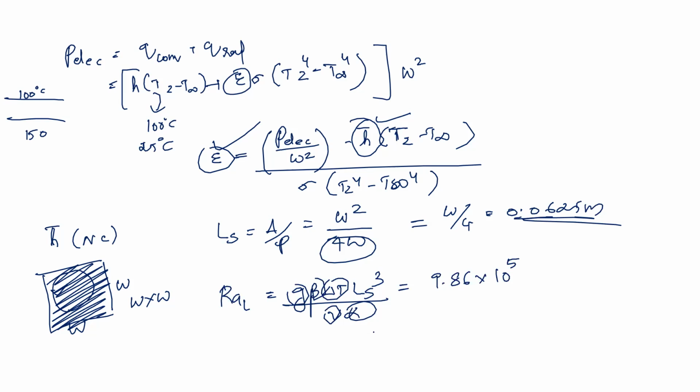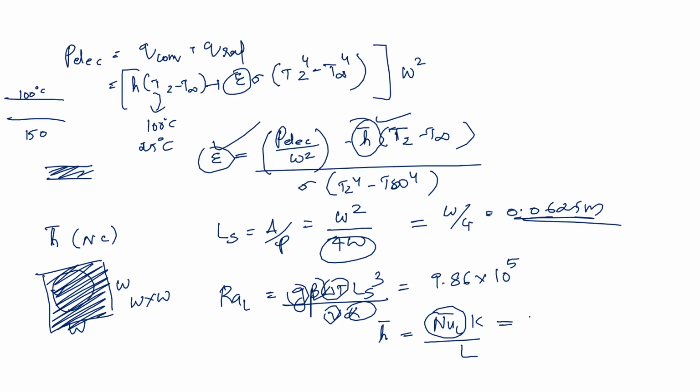Then H bar will be Nu L bar into k by L. So Nu L bar is the average Nusselt number. Based on this configuration, the heated plate configuration, you have to see which correlation is to be used. I'll just write the correlation.